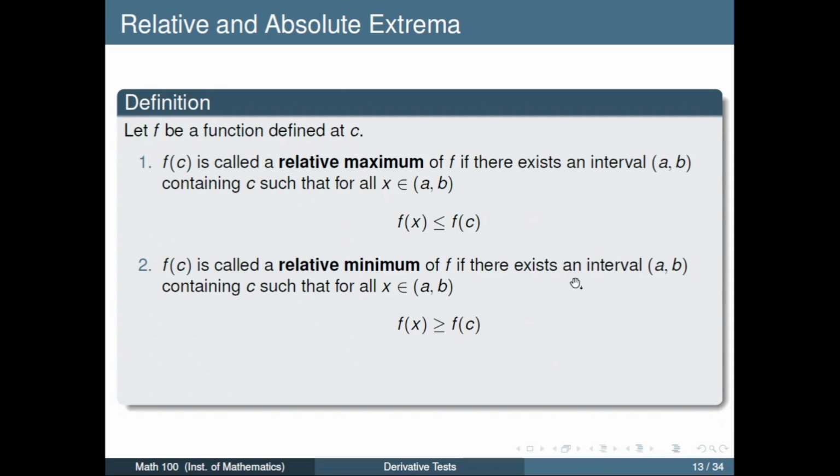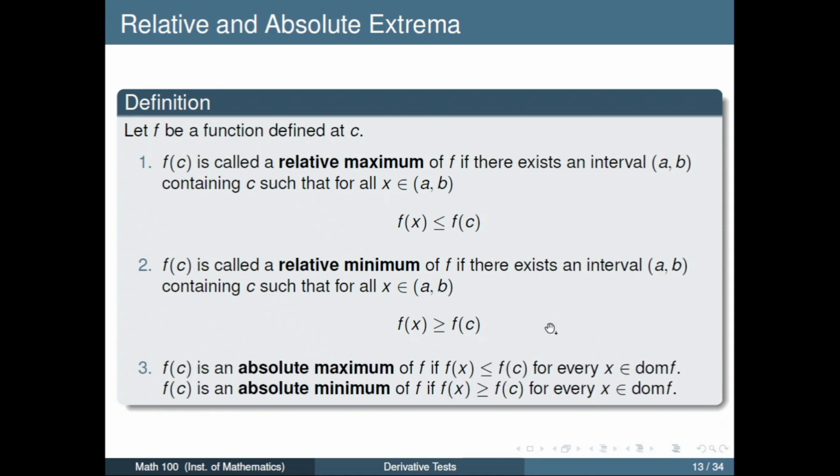Okay? Similarly, f of c is a relative minimum of f if there exists an interval containing c such that for all x in that interval, our f of x now is greater than or equal to f of c. So that means this is the lowest point on that interval of x.